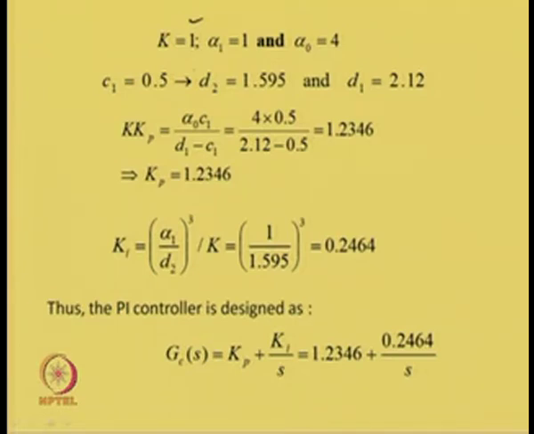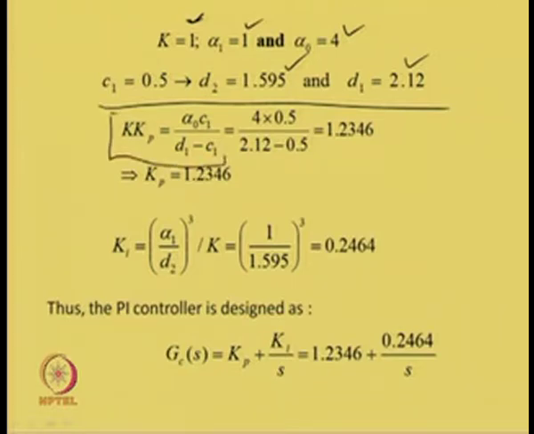So, the second order underdamped process has parameters k equal to 1, alpha 1 equal to 1 and alpha 0 equal to 4. And for C1 equal to 0.5, we have D2 equal to 1.595 and D1 equal to 2.12. Then using the explicit expression for Kp, which is Kp equal to alpha 0 C1 upon D1 minus C1, where alpha 0 is 4.